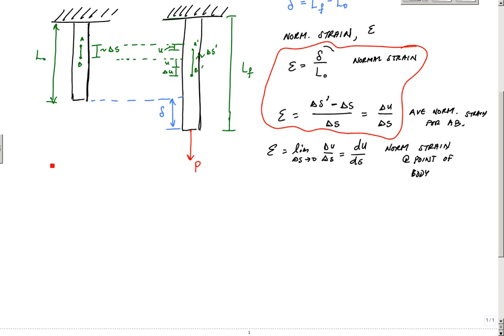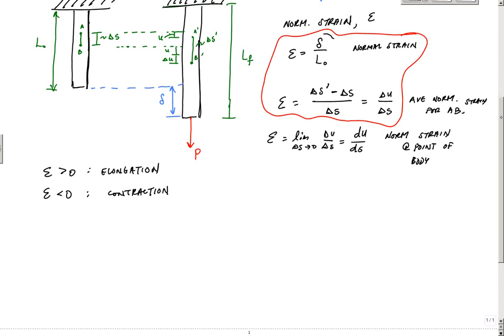When the strain is positive, greater than zero, we say that's associated with an elongation. When the normal strain is less than zero, or negative, we associate that with contraction, in terms of sign convention.